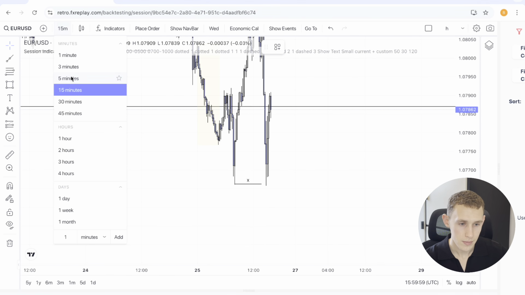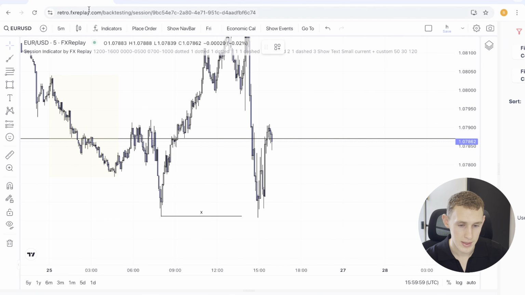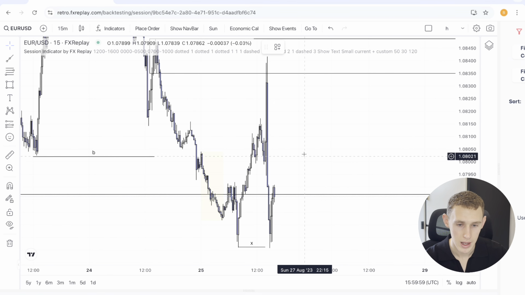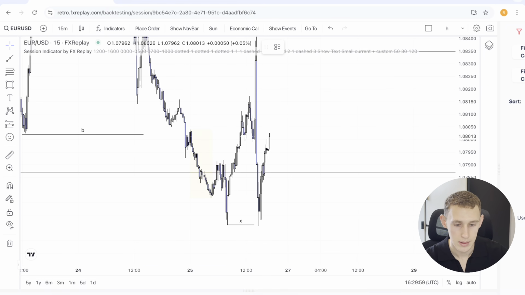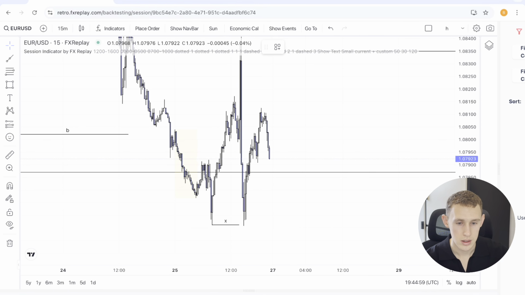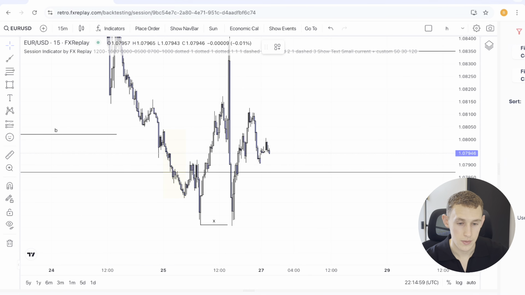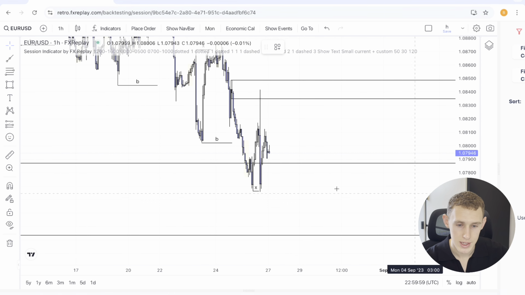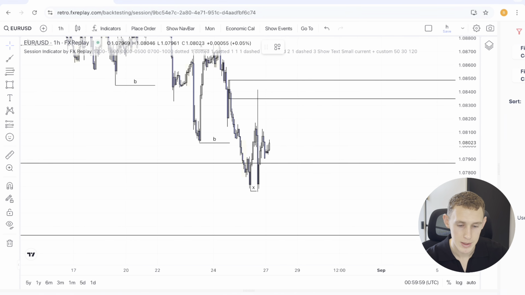So here we've seen it break that low. Currently there's no structure for it to break unless it comes all the way back up to these highs. So let's see how it develops here. Other possibility is obviously if price comes back down and grabs these lows one more time.